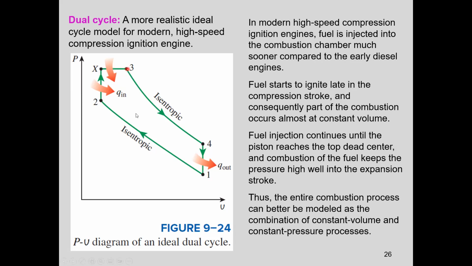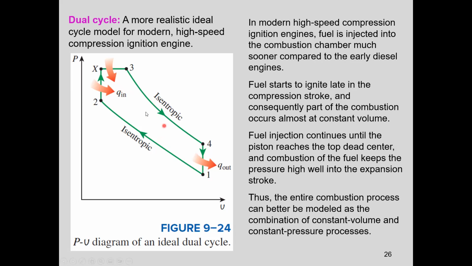constant pressure. As a result, the combustion process can be modeled by two processes: 2 to X, constant volume heat addition, and X to 3, constant pressure heat addition. So this cycle is called the dual cycle, and this is a more realistic ideal cycle model for modern high-speed diesel engines.